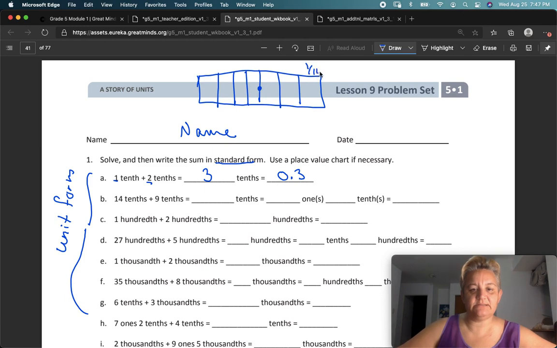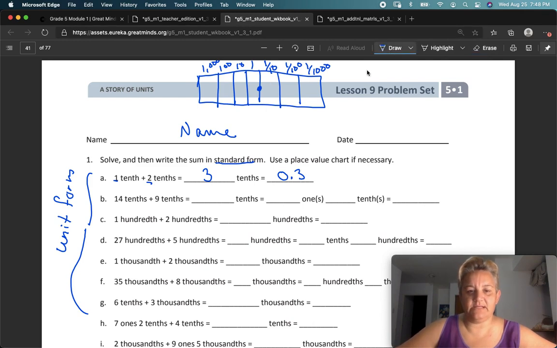Okay, there's hundredths, tenths, ones, tens, hundreds, and thousands. And you can go all the way up to millions. You can go up to any number, honestly. But this is what we're using right now. Okay, so if you need your place value chart to help you with this, that's fine. If I did 1 tenth plus 2 tenths, then I have 3 tenths, right?